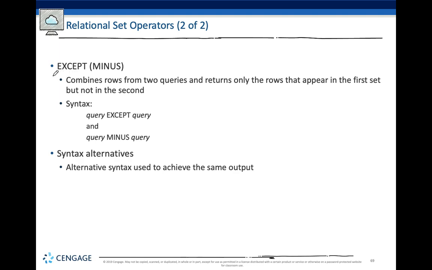Then we have the except operator, also called the minus operator, and it basically removes the rows that are there in the second query from the rows that are there in the first query. So it combines rows from two queries and returns only the rows that appear in the first query but not in the second.